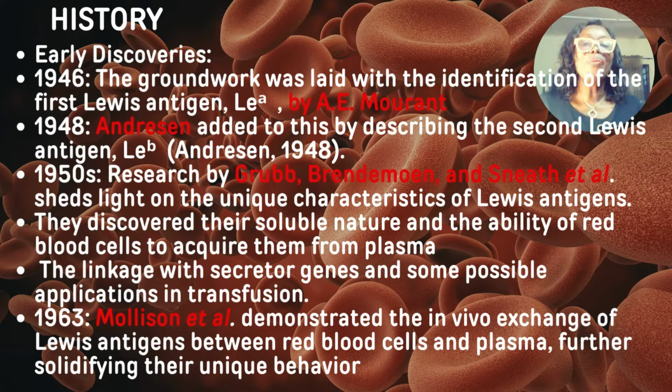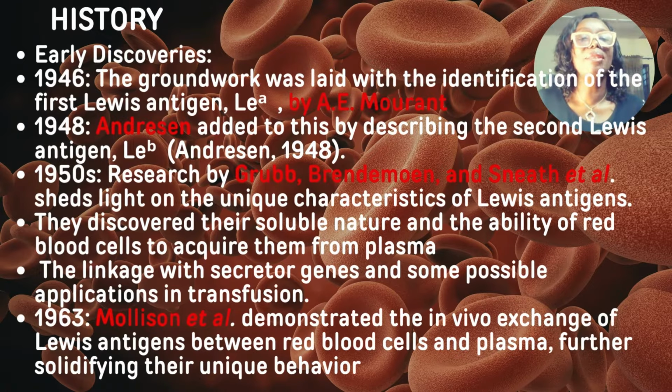And also, some possible applications in transfusion medicine were discovered around this period. In 1963, Morrison et al. demonstrated the in vivo exchange of Lewis antigens between red blood cells and plasma, solidifying the evidence that Lewis antigens are found in the plasma.